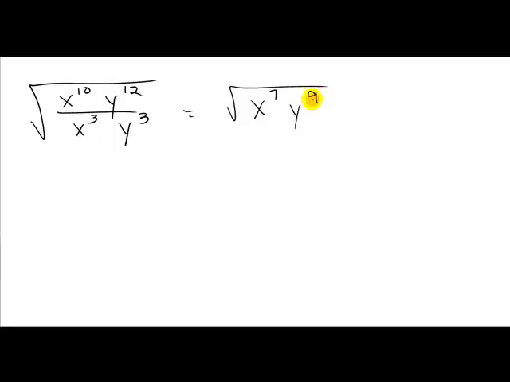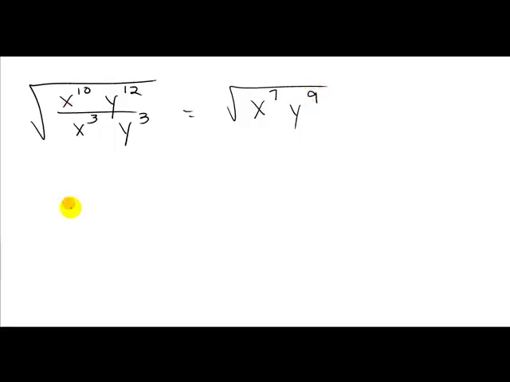So everything's already underneath. Okay, again, quotient rule tells me to subtract. So underneath I'm going to have 10 minus 3, 7, 12 minus 3 will give me 9.